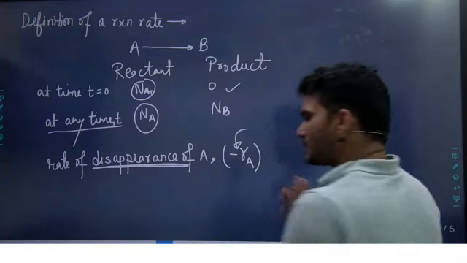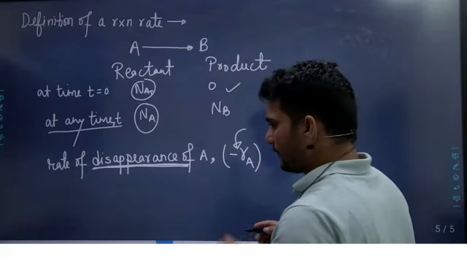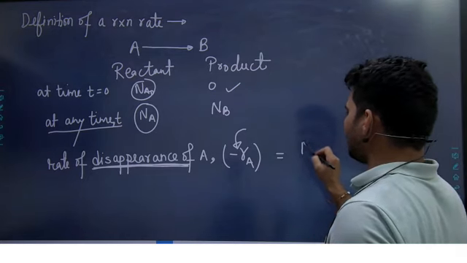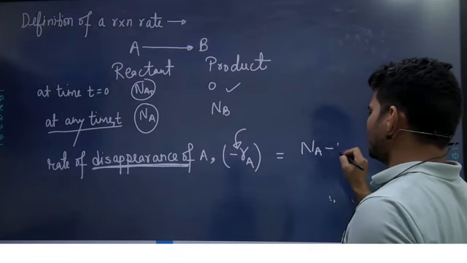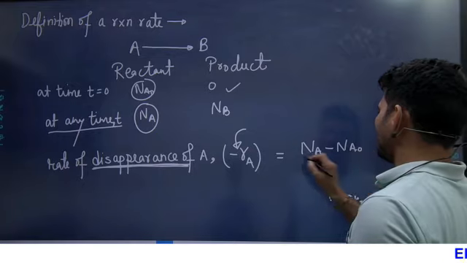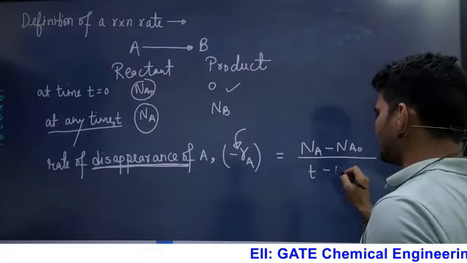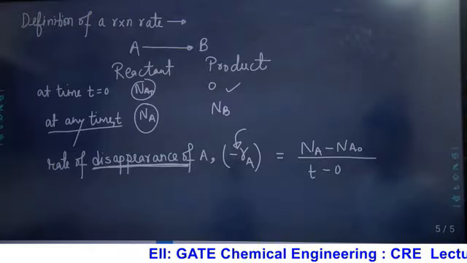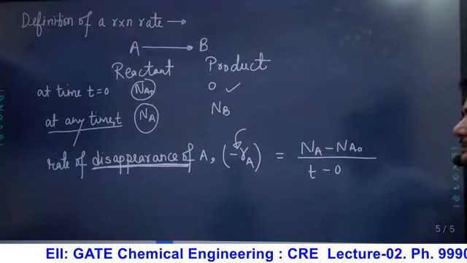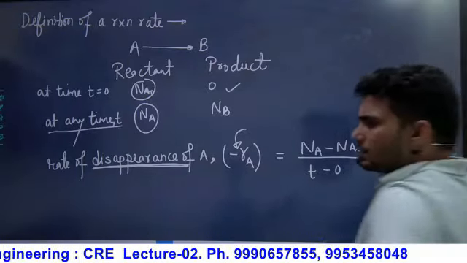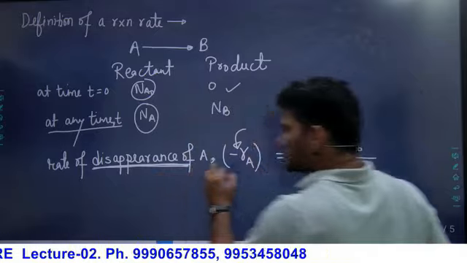So you know very well how I will write it: remaining moles minus starting moles, divided by final time minus initial time. That is the rate of disappearance of A.